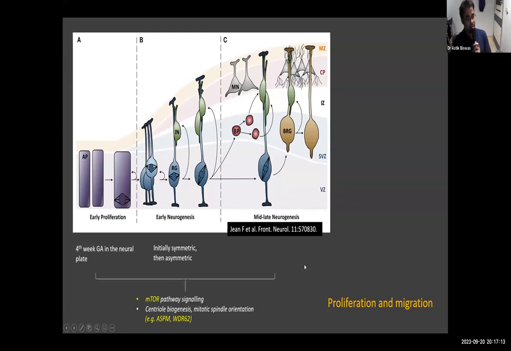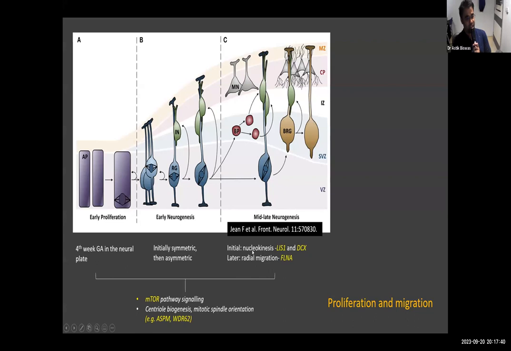And many genes are implicated. This is an oversimplification, what I'm showing here, but essentially these depend on mTOR pathway signaling. And then certain genes such as ASPM and WDR62 are involved in centriole biogenesis and mitotic spindle orientation, which are required for proliferation. Migration also, there's actually two different ways.